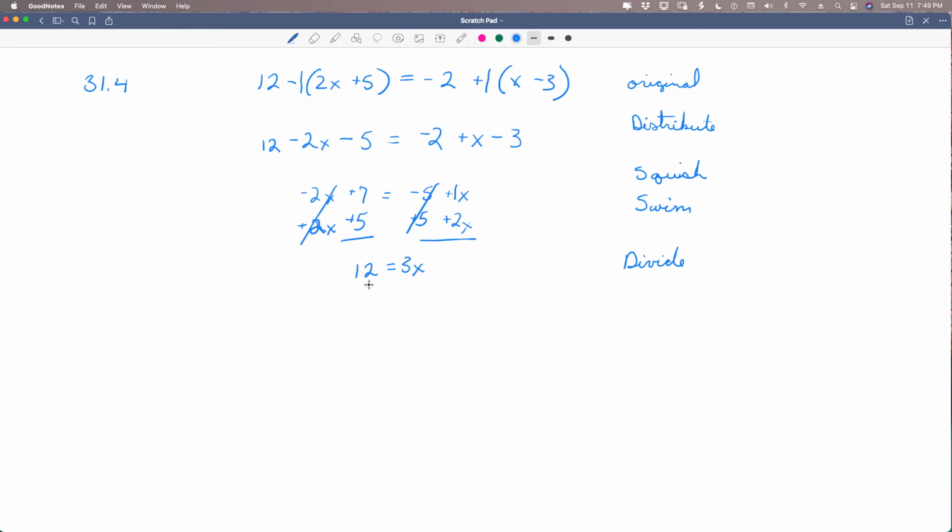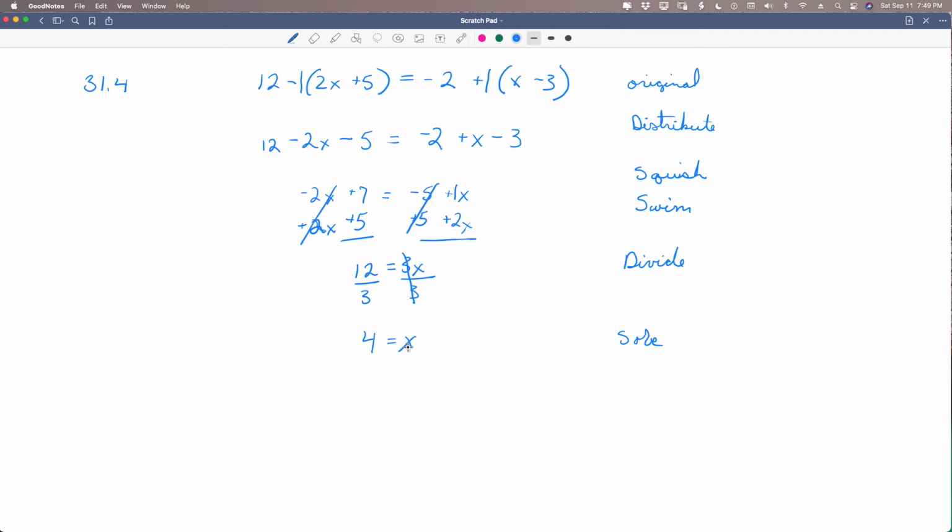Divide. And I'm going to divide both sides by 3 because 3 times some number gives us 12. So to work backwards, I have to divide 12 by 3 in order to find out what this number is. And when I do that, I find out that this number is x. And we have solved it.